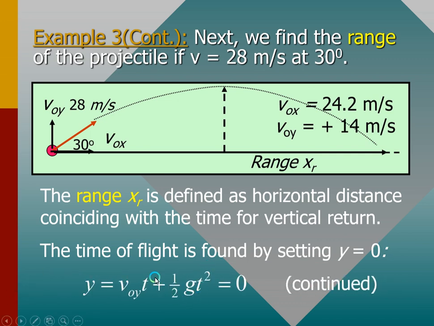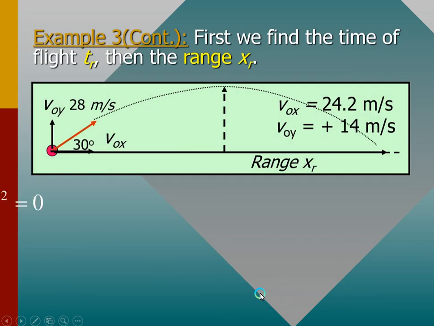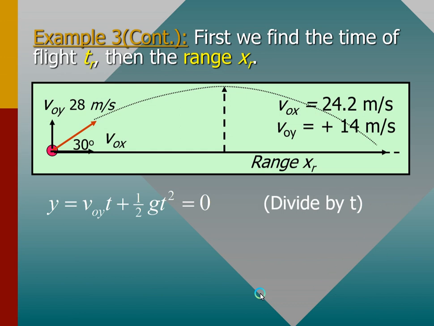So y is equal to Viy t plus 1 half gt squared is equal to 0. That is our formula. We have to find the time of flight, when the range x, the range xr. So we count the time like what we did earlier. So we have Viy plus 1 half gt is equal to 0. Take note that for them to have the same reference point, our y should be equated to 0. So Viy t plus 1 half gt squared is equal to 0.